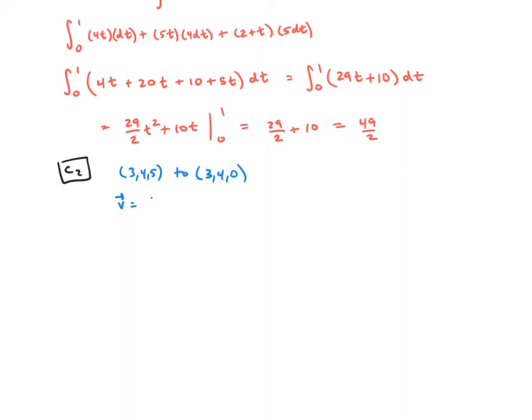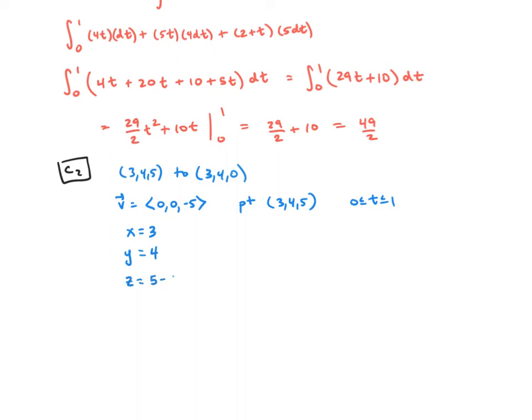Our vector is going to be (0, 0, negative 5). Our point is going to be the starting point, (3, 4, 5), and t will be between 0 and 1. So we have x equal to 3 plus 0t, so x is 3. Y is equal to 4 plus 0t, so y is 4. We probably could have figured those out.